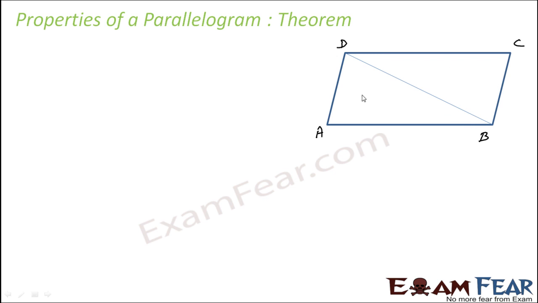We have to prove that these two triangles, triangle 1 and triangle 2, are congruent. This is a parallelogram, we know. So by definition, this angle will be equal to this angle. Why? Because they are alternate angles. DC is parallel to AB, so these angles are equal.